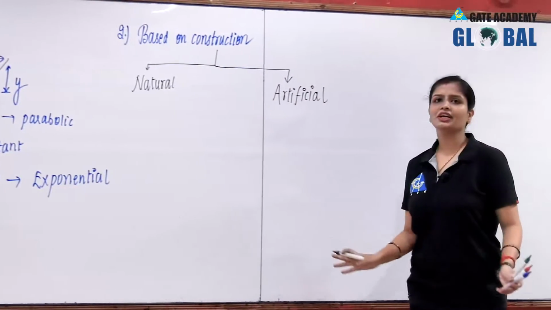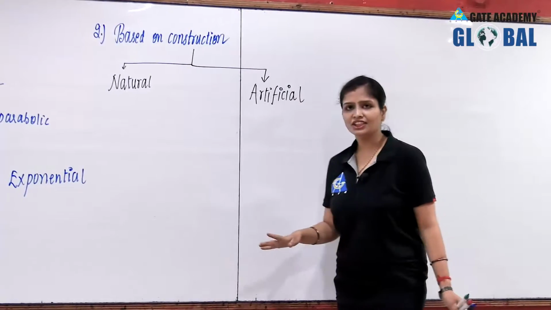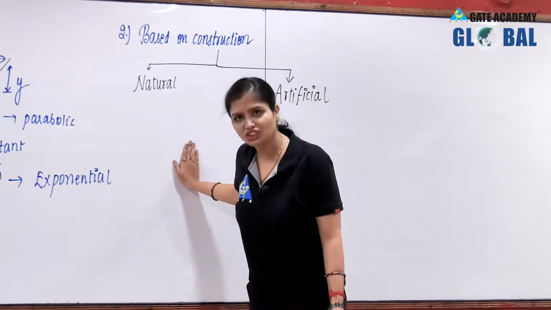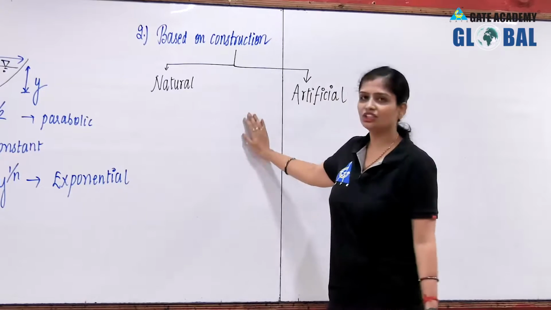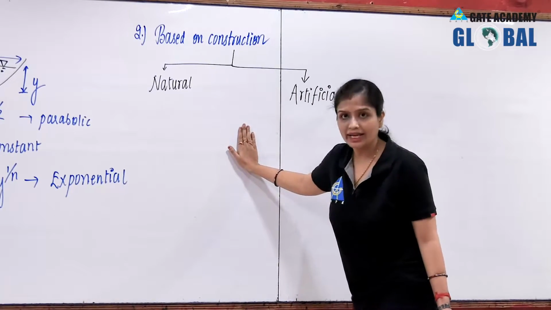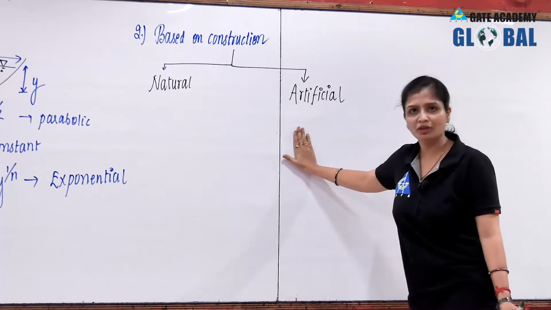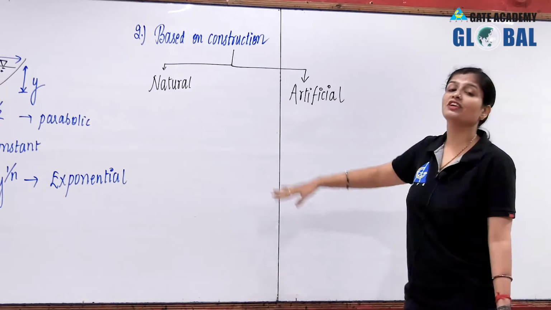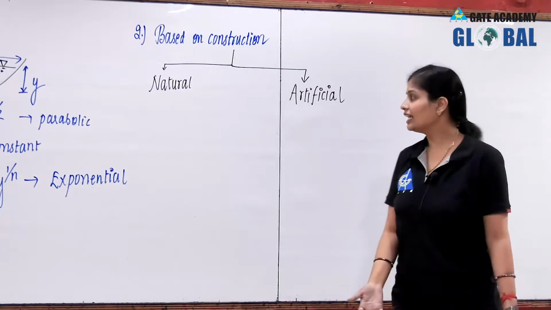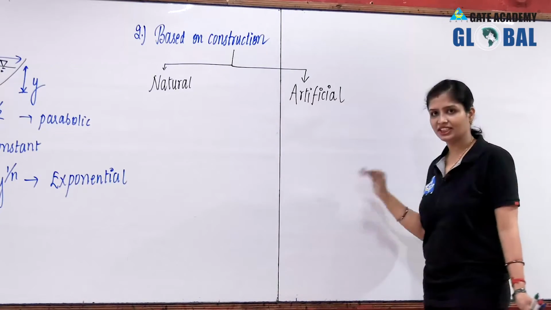Now you can define by yourself. Channel sections which exist naturally in nature are your natural channel sections, while the channel sections which are constructed by human beings, or which are man-made, are your artificial channel sections.